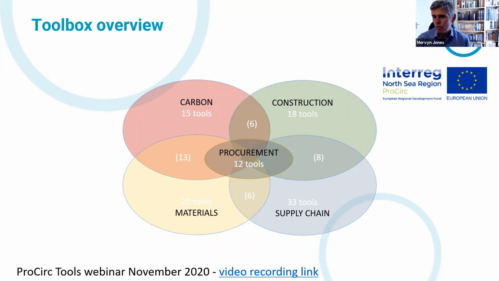But there's also, as you can see there, quite a lot of supply chain tools. And again, when we're talking about circular procurement and the potential to be assessing and selecting suppliers, whether through framework or whether directly, it's really important not just to understand what the actual bidder is offering, but also how they're managing their own supply chain.